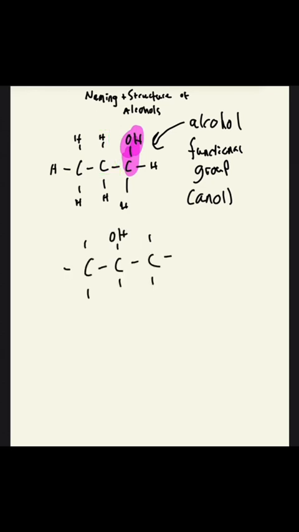All right, so if we have a look at this one now, we can see the OH group has moved to the middle carbon. Therefore, the name has actually changed as well. So now it's propan-2-ol or 2-propanol. That 2 at the front represents that it's on the second carbon and not the first carbon.